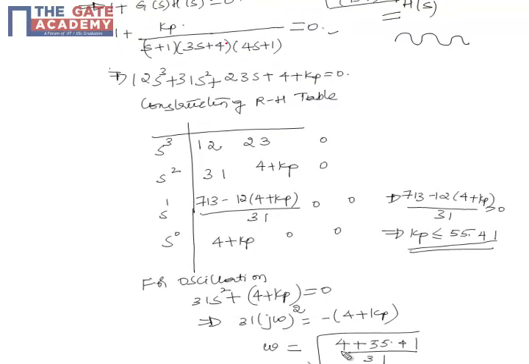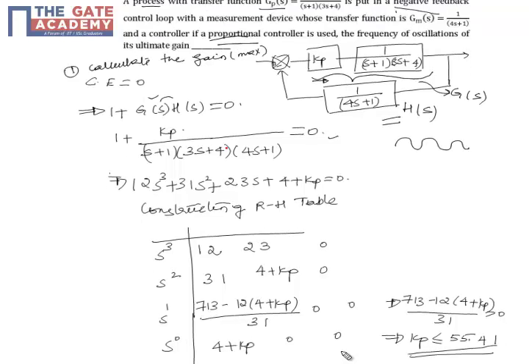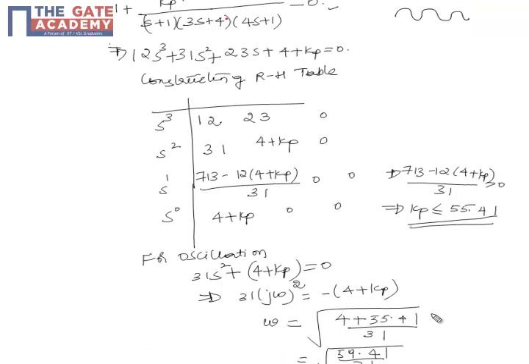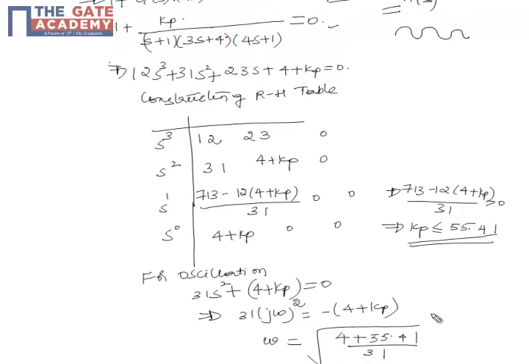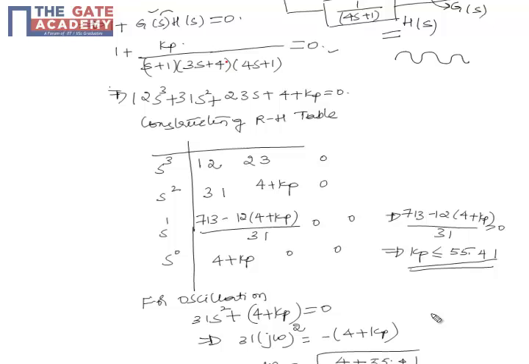So my oscillation frequency omega, when I operate the system at the ultimate gain of 55.41, is 1.38 radians per second. Hence we understand that we should never operate the system at the ultimate gain, because the system starts oscillating and it will be uncontrollable.